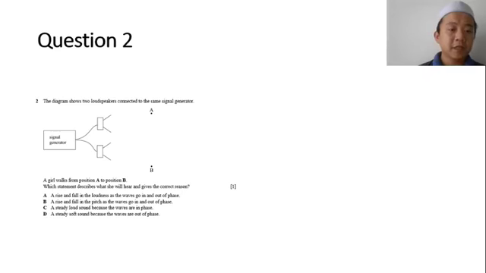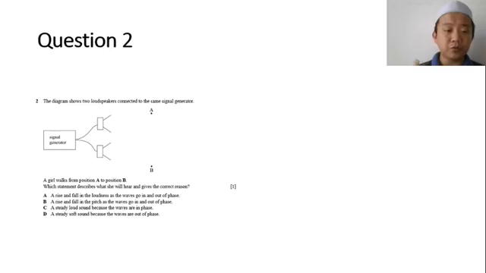Number 2, the diagram shows two loudspeakers connected to the same signal generator. A girl walks from position A to position B. Which statement describes what she will hear and gives the correct reason? We know it's a straight line.